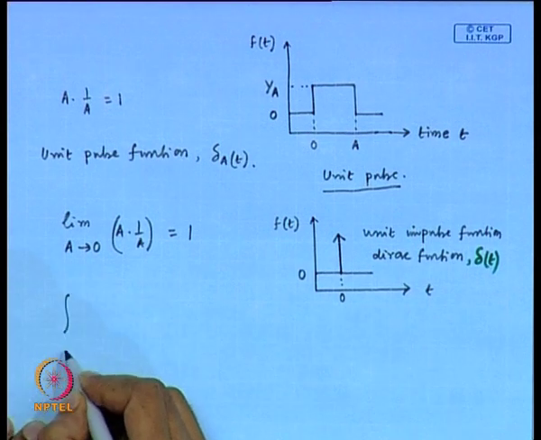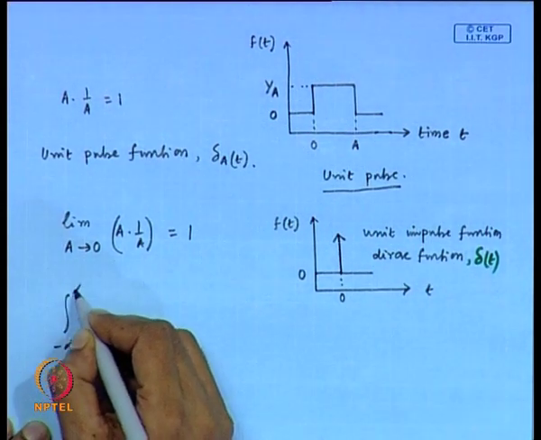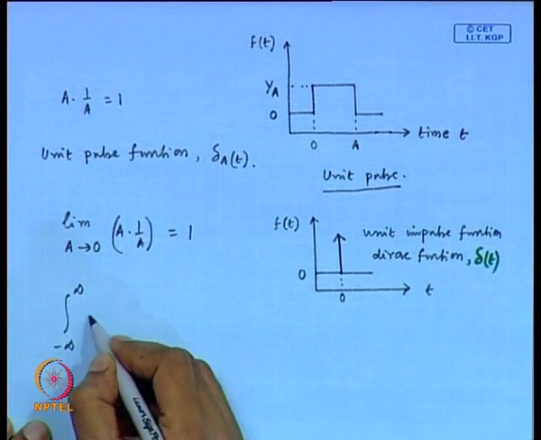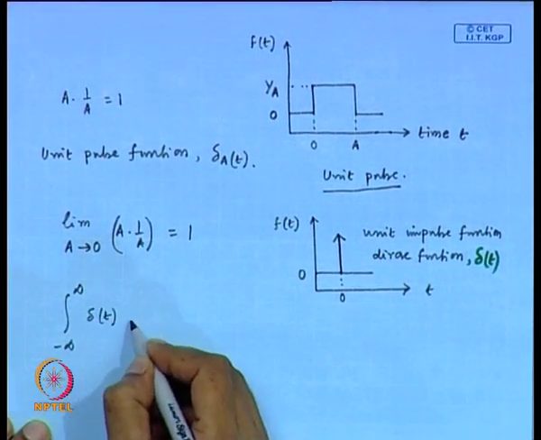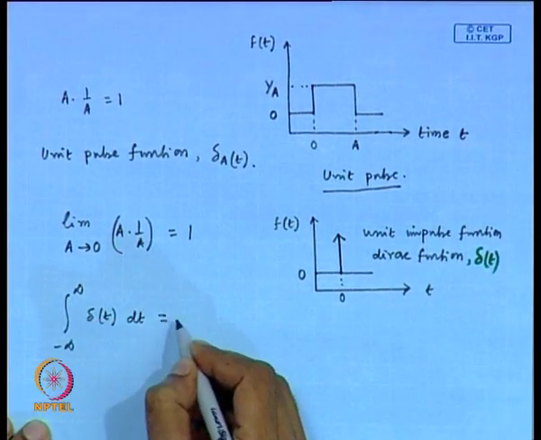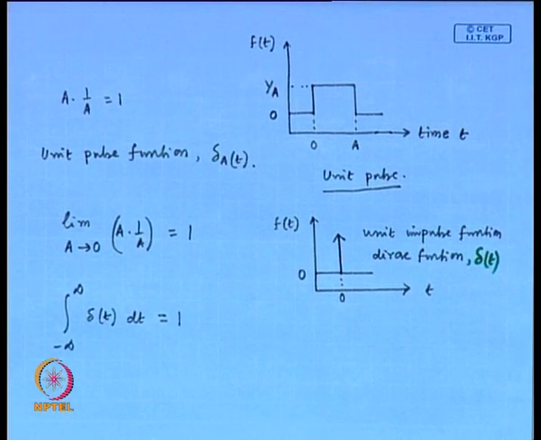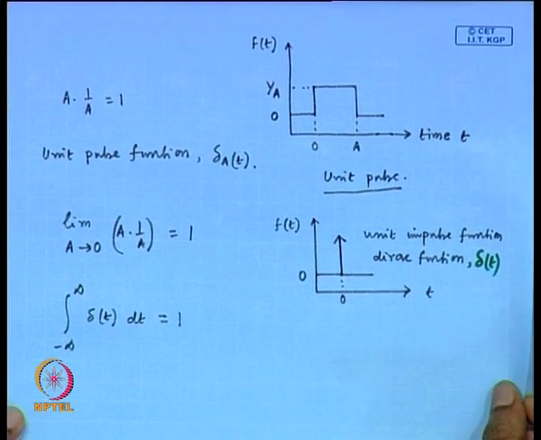We can represent this again by the integral from minus infinity to infinity of del(t) dt equals 1. If we consider minus infinity to infinity, then the integral of del(t) equals 1 within this time range. Fine. Now, what will be the Laplace transform of this unit impulse function?